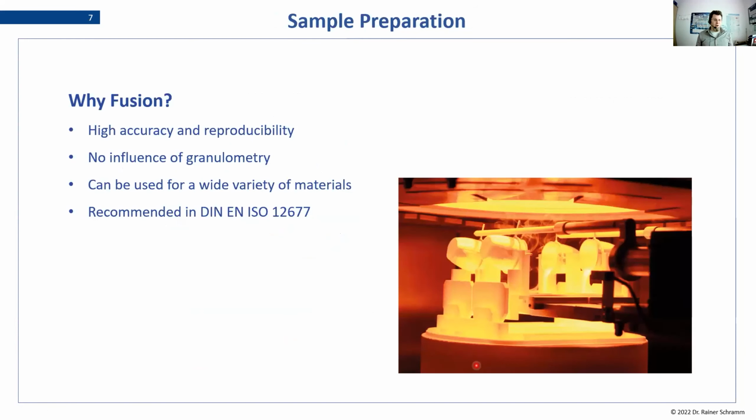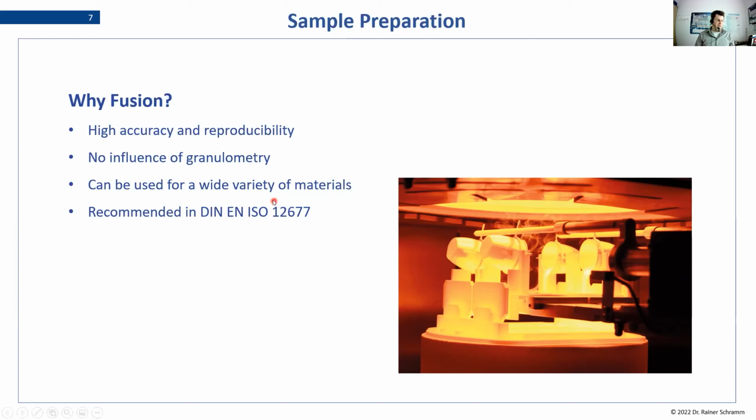Well, first of all, why do we use fusion? It's mainly because of the high accuracy and reproducibility. By doing the fusion, we eliminate the particle effects. We have no influence of the granulometry anymore. We basically dissolve into tetraborate, and then we have a glass, a perfectly homogeneous sample.